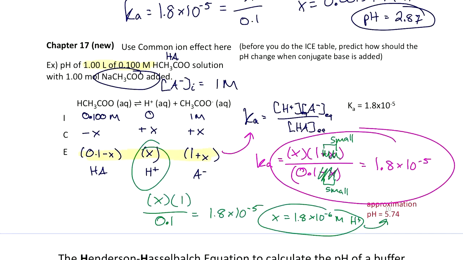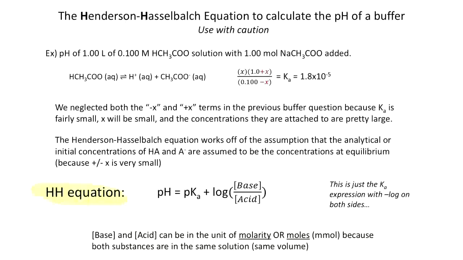We're just saying that the plus x, minus x here are really, really small. So what the Henderson-Hasselbalch equation is, we just use that approximation. I just set this back up where that plus x and minus x we end up approximating.